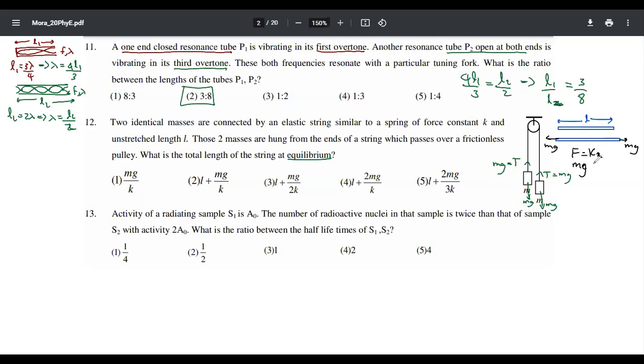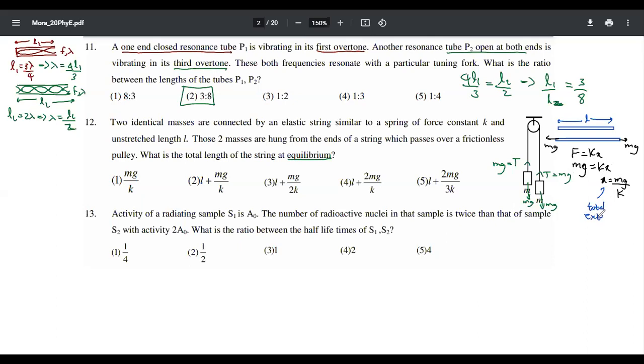You should put mg, not 2mg. You have to put mg equal to kx. So x is equal to mg over k. That is the total extension in the string.